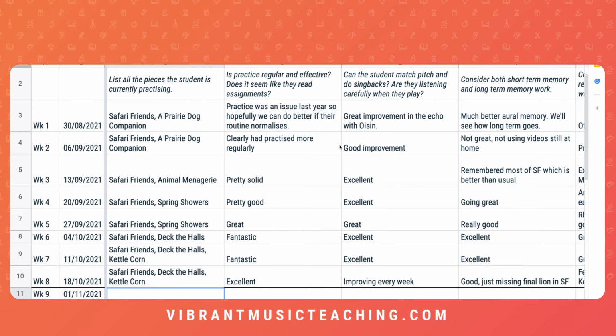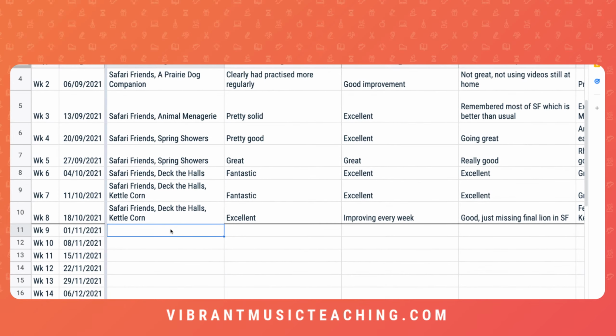And again, there is a template for that inside the Vibrant Music Teaching Library for any members who are looking for that. We do that twice a year just because otherwise it does get very overwhelming. So you don't want to overdo it. And many parents won't read it, especially if it's very, very often. So you want to balance those two factors.